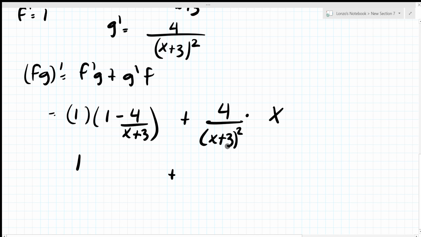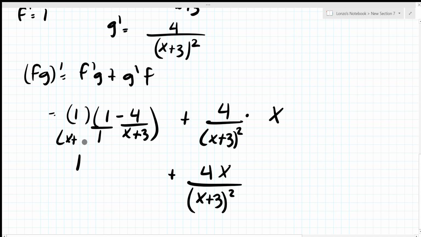Okay, so let's clean this up. This is going to be 4x over x plus 3 squared. And then this is 1. Remember, we're subtracting, so we need a common denominator. We're going to multiply this by x plus 3. So x plus 3 minus 4 is, what is that going to be? X plus 3 minus 4 is x minus 1.